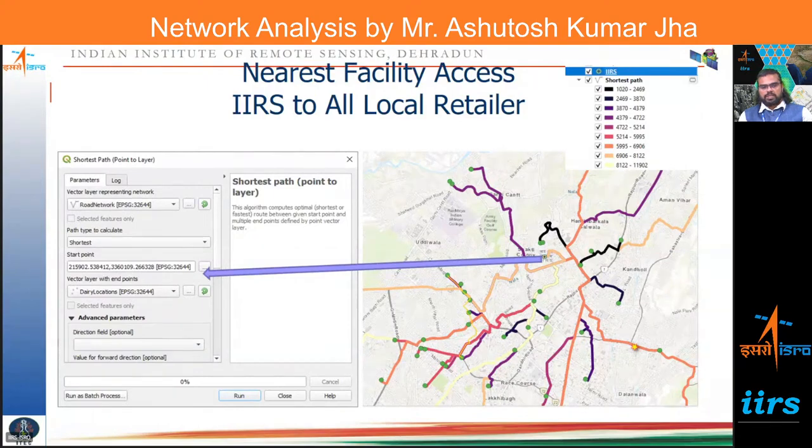Based on that, the analysis is carried out, and then you can provide the information on which of these segments are at what distances. This is the shortest path which you can find using the QGIS tool called shortest path point to layer.